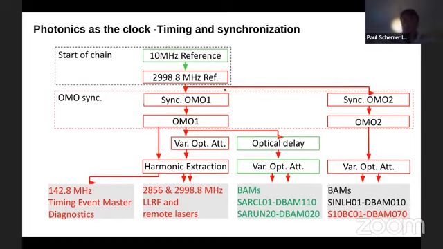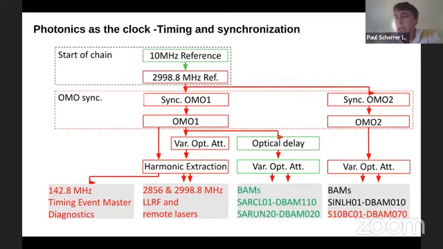Another main application of photonic systems, as we heard a bit before, is the timing and synchronization system, which is all laser-based, with a whole multitude of systems coming from a 10 megahertz reference signal.